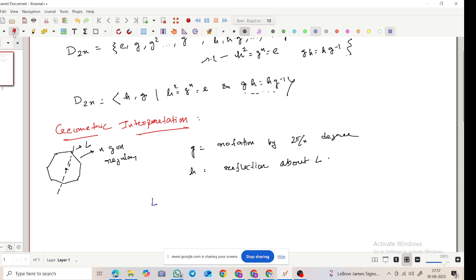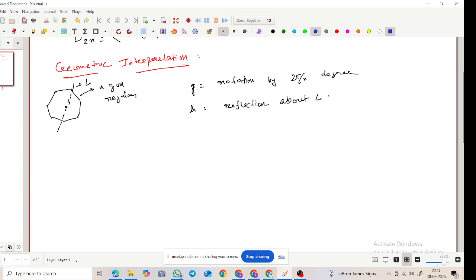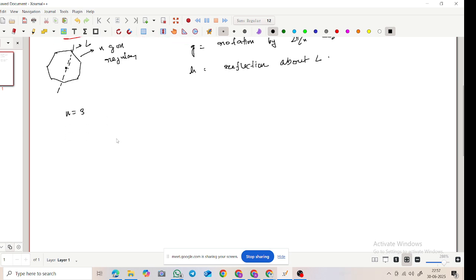So okay, let's do one thing. Let's take D6 and let's calculate. So what will be G compose H in this case?